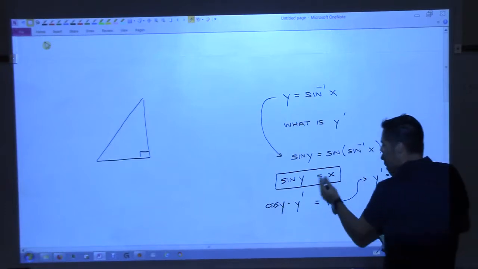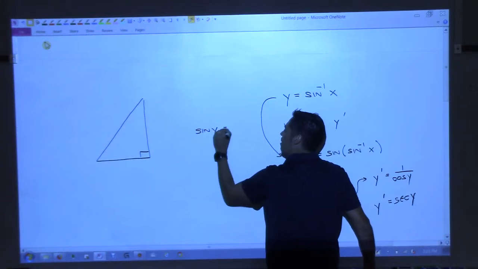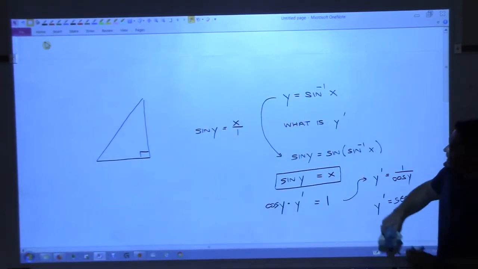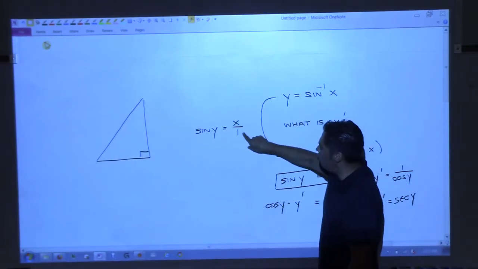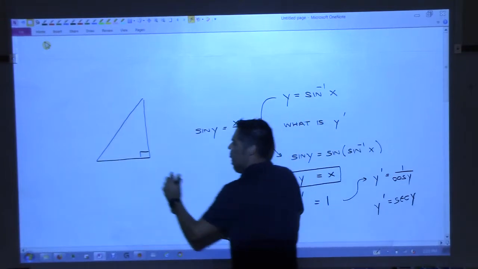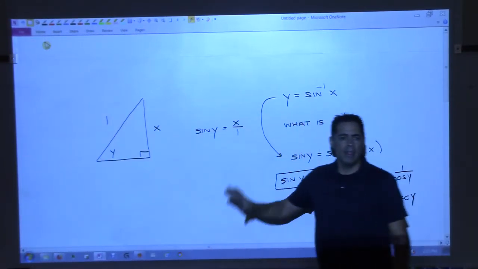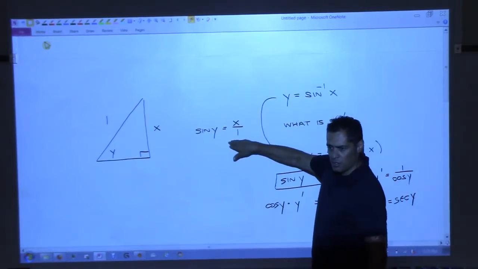So if I look at this equation, I could say sine of some angle y is equal to x over 1. That's the same expression? Yep. And so I could say the opposite side of the angle is x, the hypotenuse is 1, and the angle is y. So if I draw a y here, an x here, and a 1 here, do you agree that that right triangle is a visual representation of this equation?